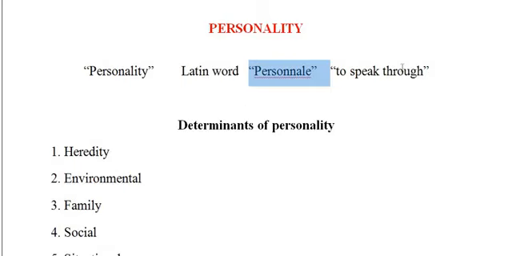An individual's personality is relatively stable. If it changes at all, it is only after a very long time. And next, each individual is unique in behavior. There are striking differences among individuals. These are called personalities.